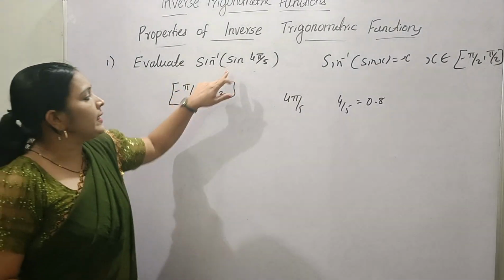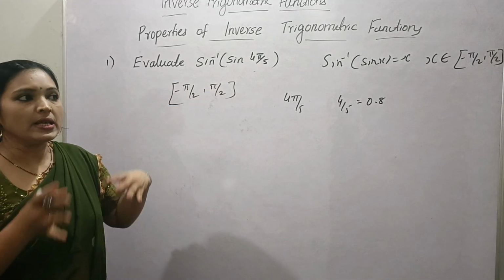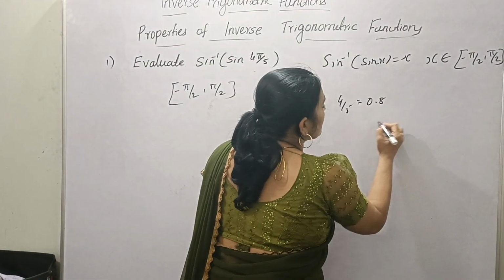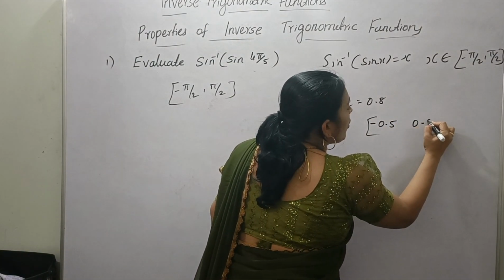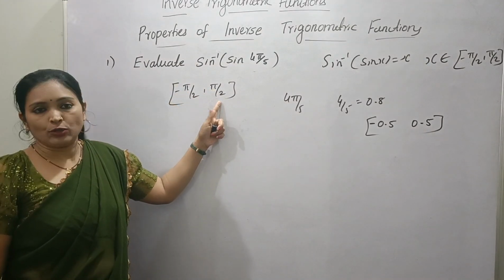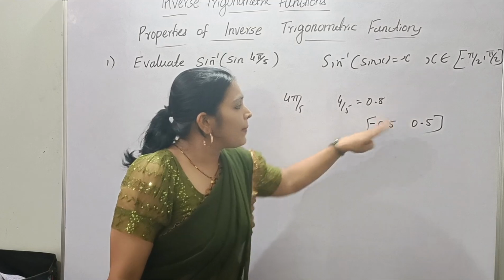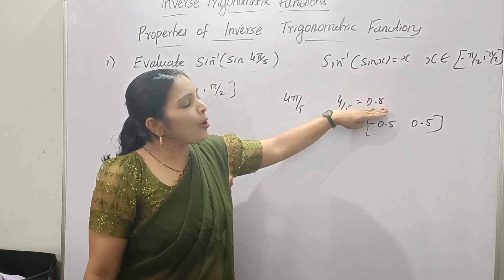And here, see, what is our interval? Minus pi by 2 to pi by 2. That is minus 1 by 2 to 1 by 2, which means minus 0.5 to 0.5. So here it is 0.8.